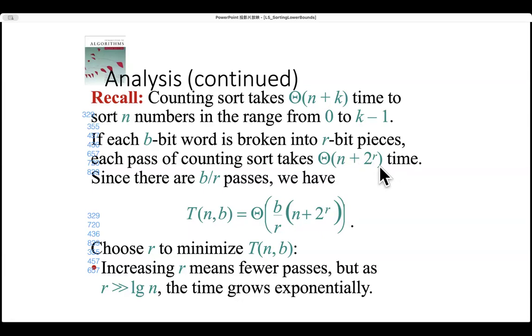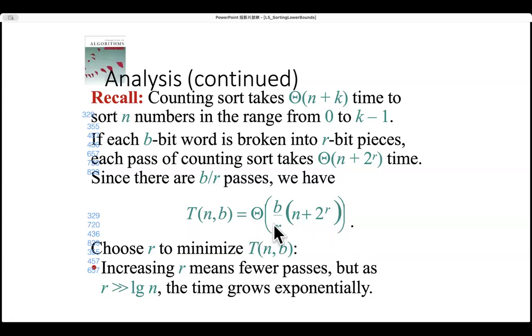And how many passes do we need? B divided by r. So the total time required for the radix sort would be B divided by R times n plus 2 to the power of R.